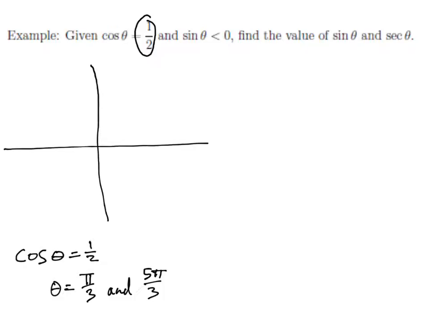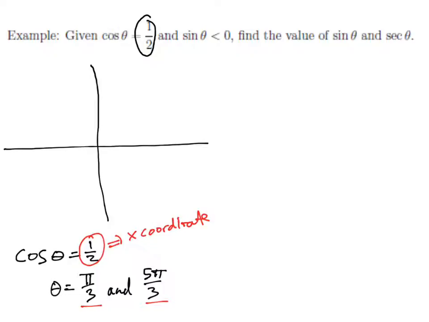If cosine is equal to 1/2, that corresponds to the x-coordinate. So I'm thinking, where on the unit circle, what angle has an x-coordinate that is equal to 1/2? And those two angles are pi over 3 and 5 pi over 3.